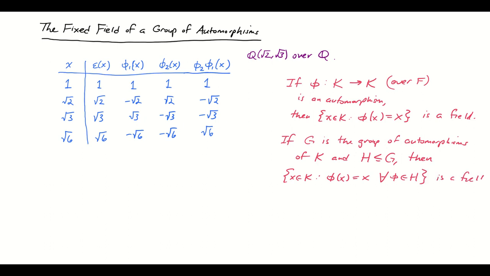The reason it's a field is that it's an intersection of several fields, the intersection of this field for every automorphism in our group, and the intersection of a bunch of fields is a field. So our job in this video is to pick a couple of subgroups just for exploratory purposes and figure out what their fixed fields will be.